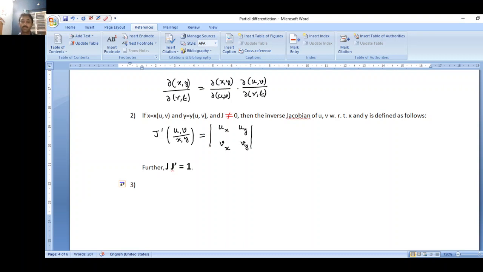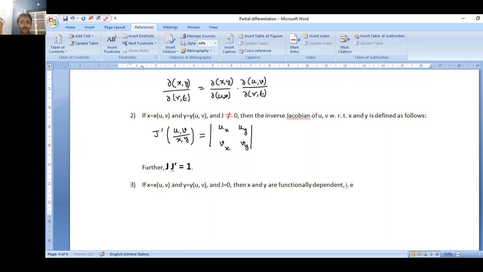Okay, and the last property is about another possibility of the value of J. So once again, we have x and y to be functions of u and v, and suppose J equal to 0, it means the value of J is equal to 0, then it so happens that x and y are going to be functionally dependent. What do you mean by functional dependence?